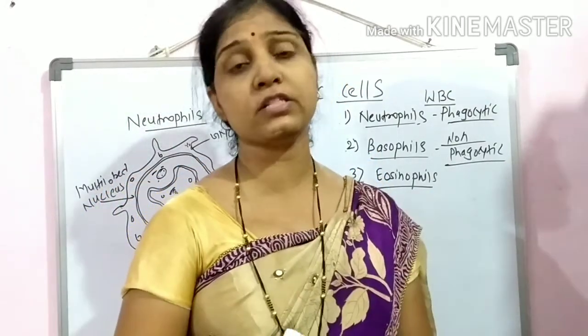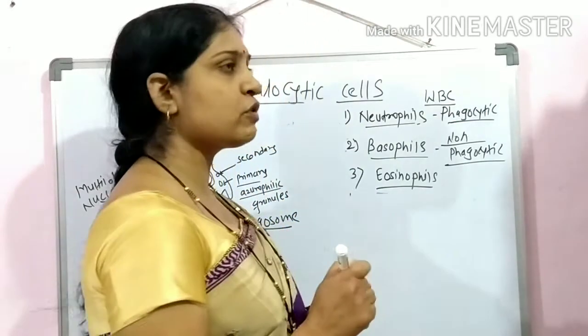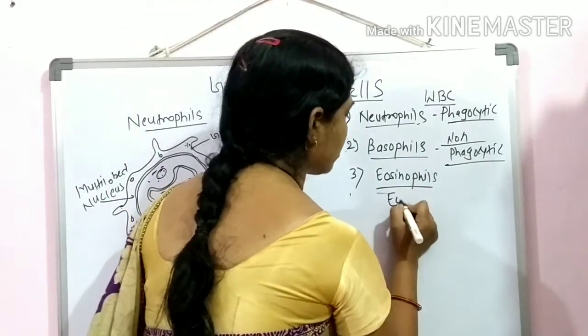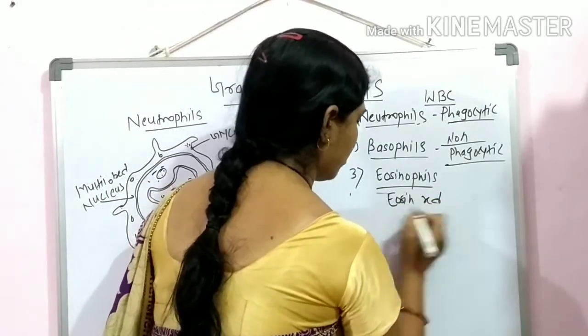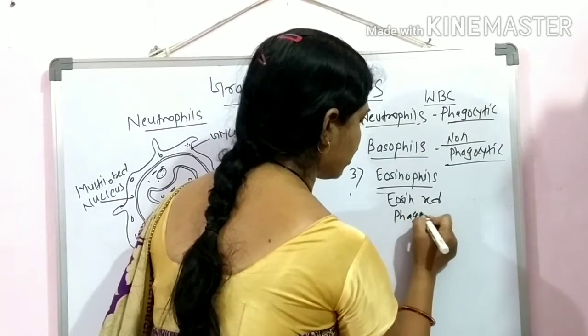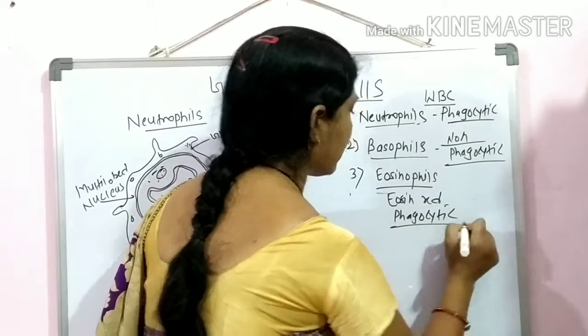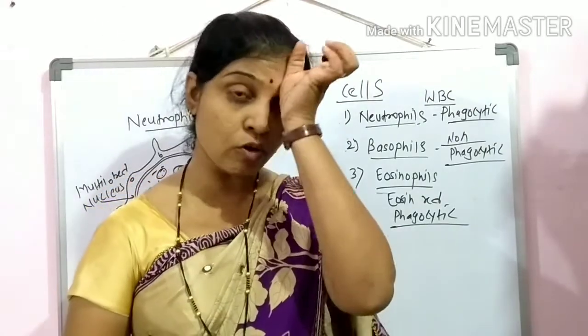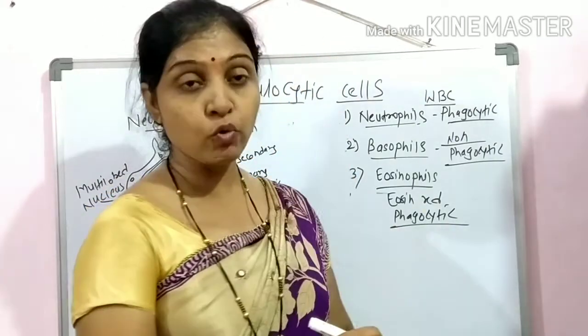Now the third type is the eosinophils. These eosinophils are stained by the eosin red. They are also phagocytic in nature, and they also have a bilobed nucleus.